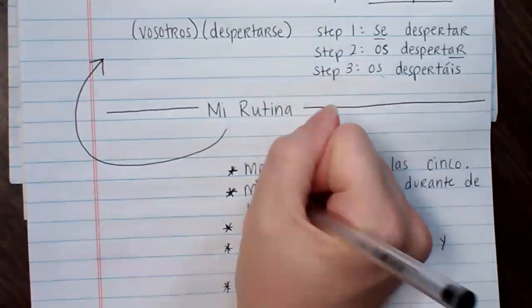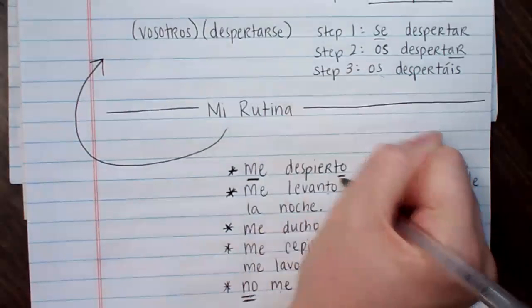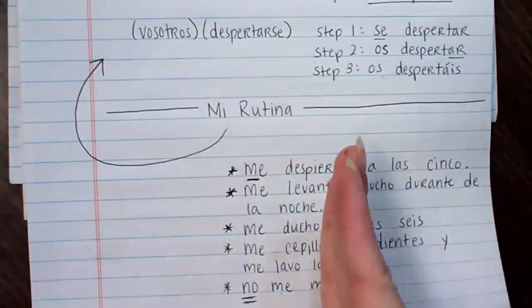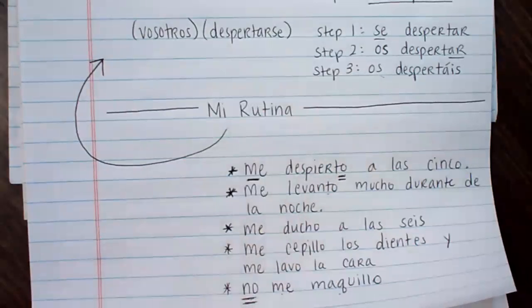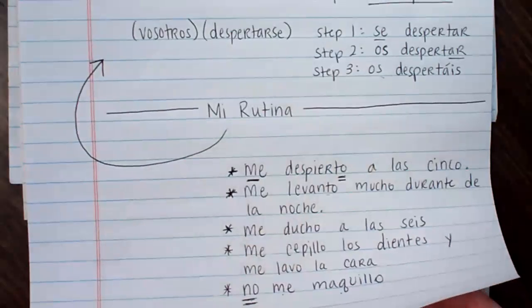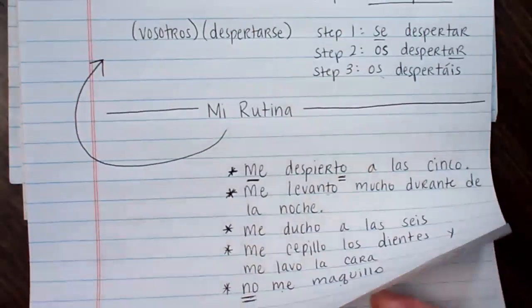Your reflexive pronoun is going to match the conjugation. If one is in the yo form, the other is in the yo form. So if you would, you can pause the video and do that. Or if you want to keep taking notes on the second half, we can go ahead and do that as well.